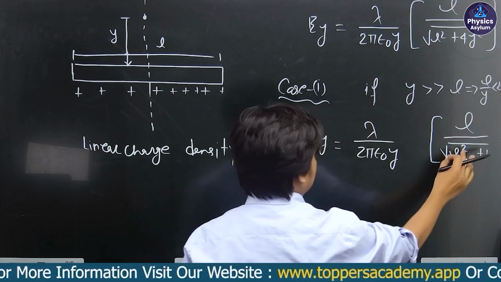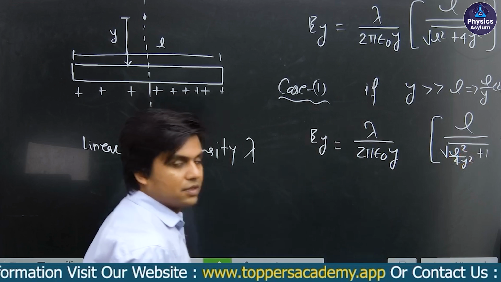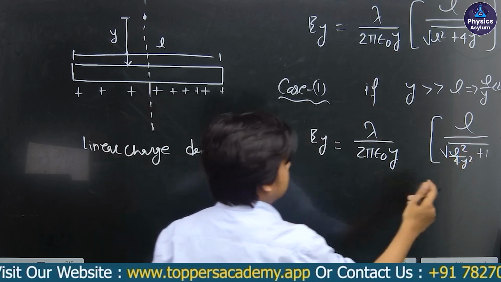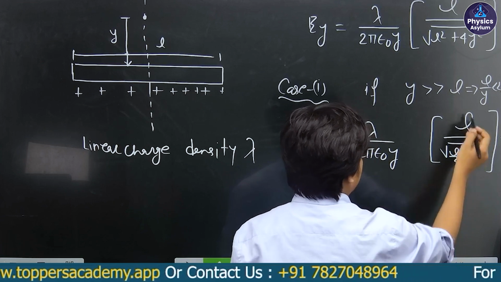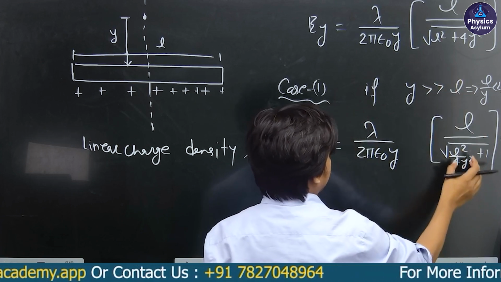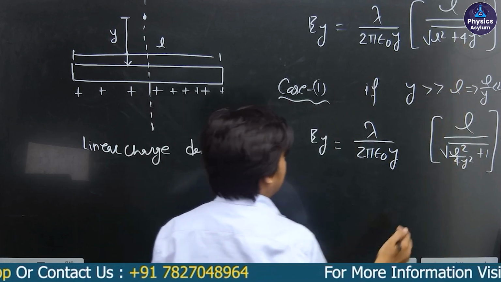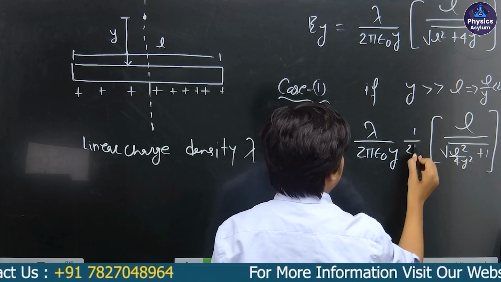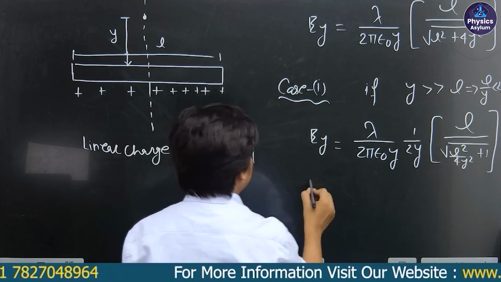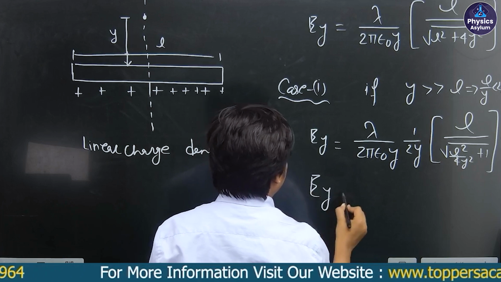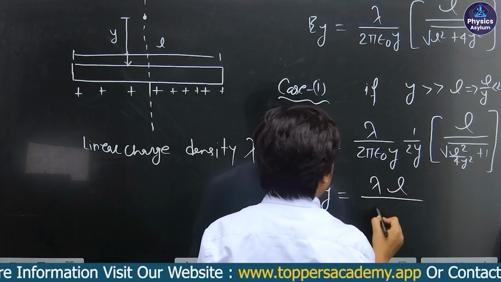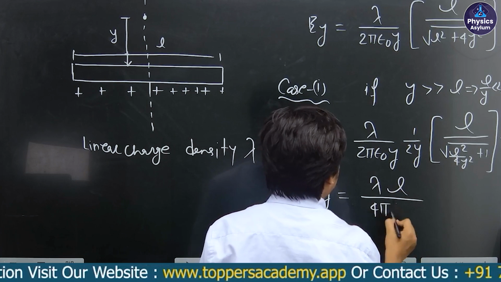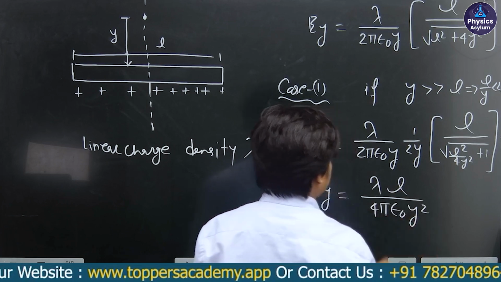So this quantity L square by 4y square is very much less than 1, so I can neglect this. And as I am taking 4y square common from this square root, I will get a term 1 over 2y. So this will give me Ey equal to lambda L divided by 4 pi epsilon naught y square.